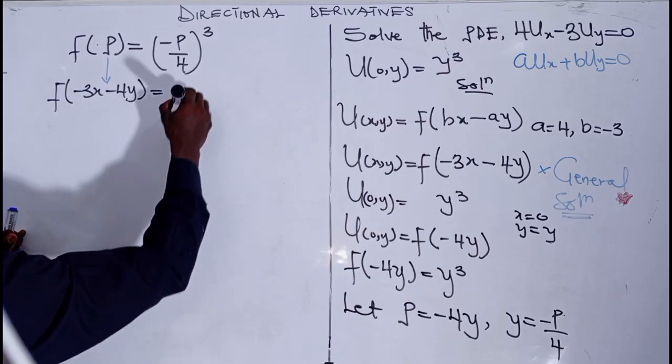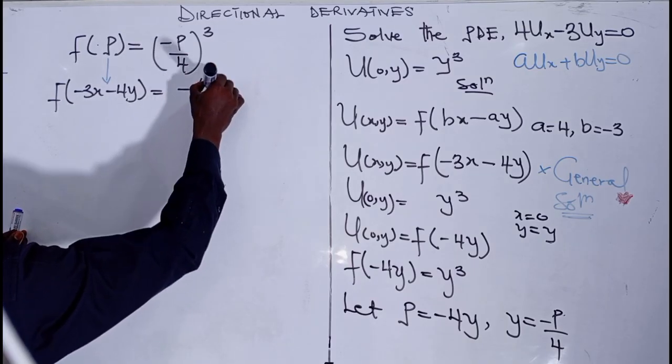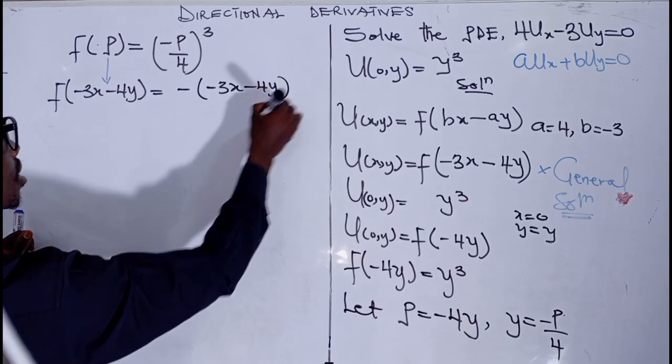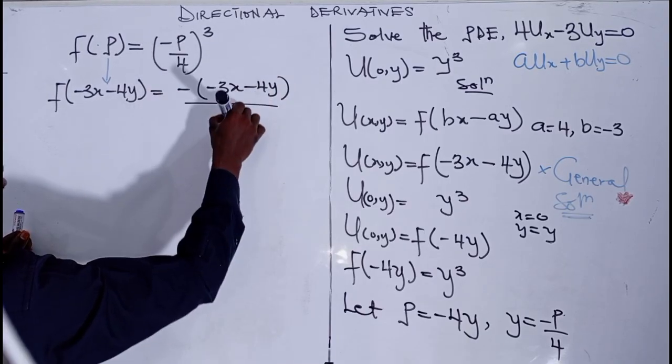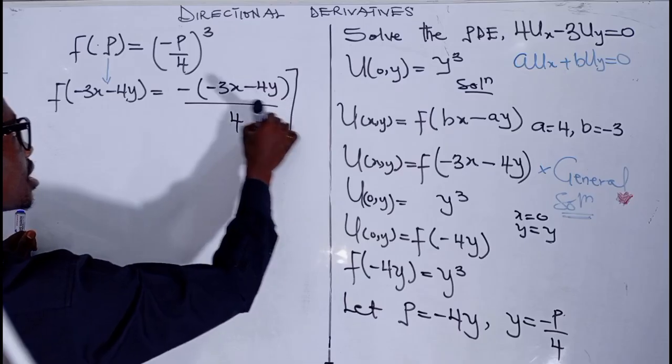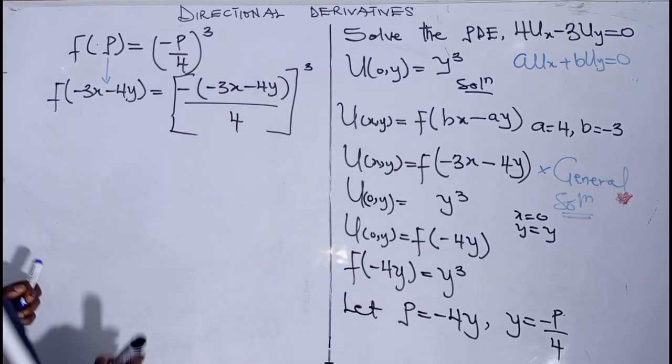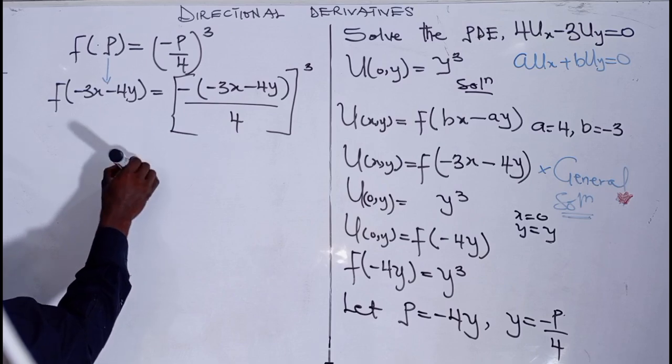So we are going to have minus 3x minus 4y all over 4, and all of this is raised to the power of 3. Very, very easy and simple.